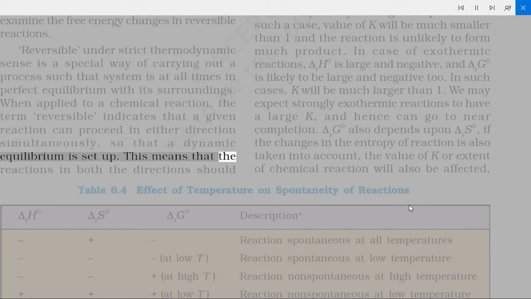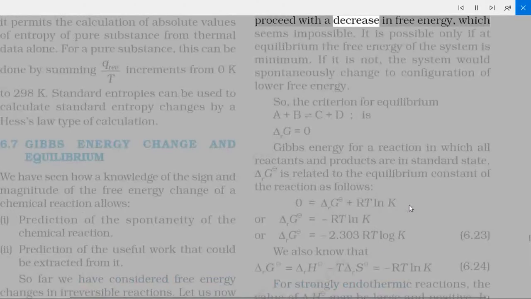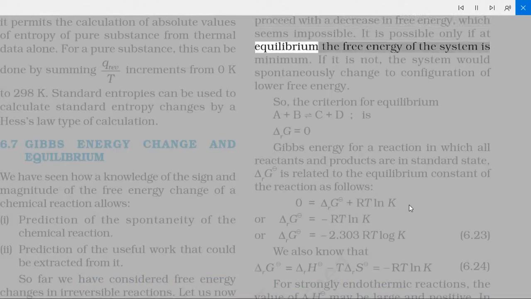This means that the reactions in both the directions should proceed with a decrease in free energy, which seems impossible. It is possible only if at equilibrium the free energy of the system is minimum. If it is not, the system would spontaneously change to configuration of lower free energy.